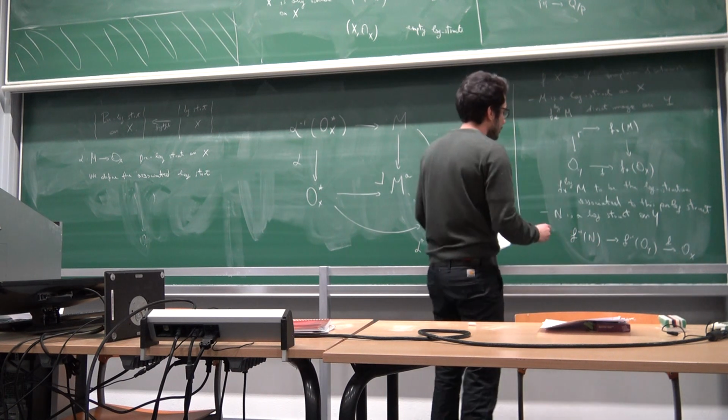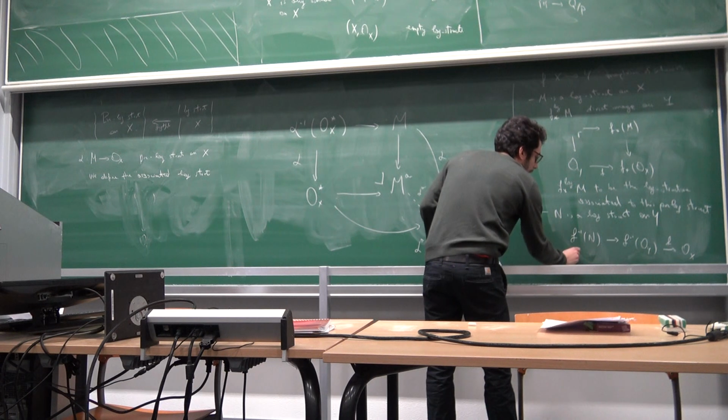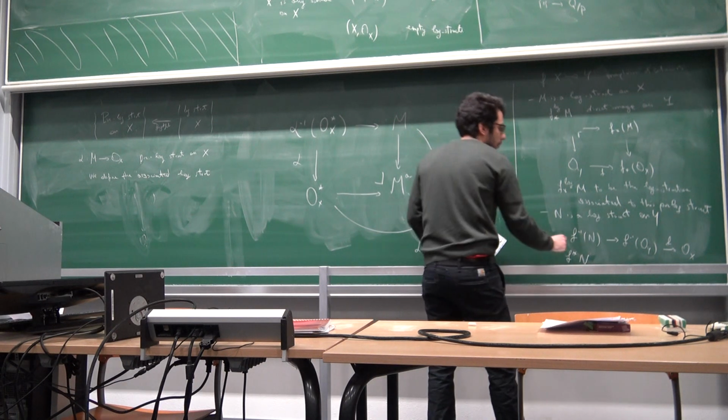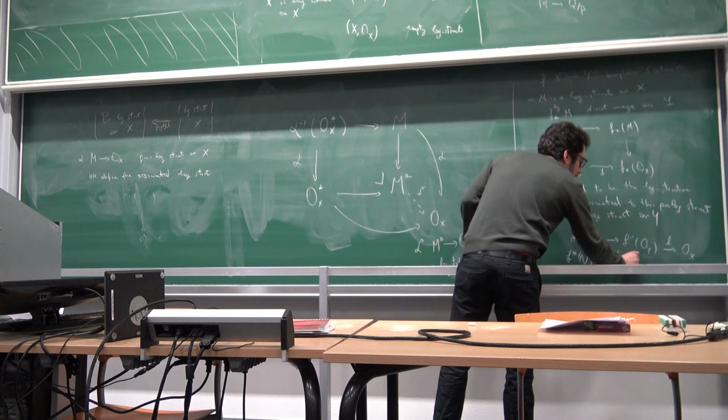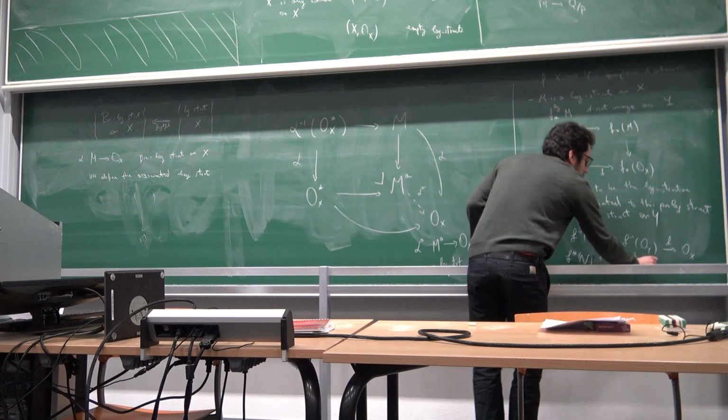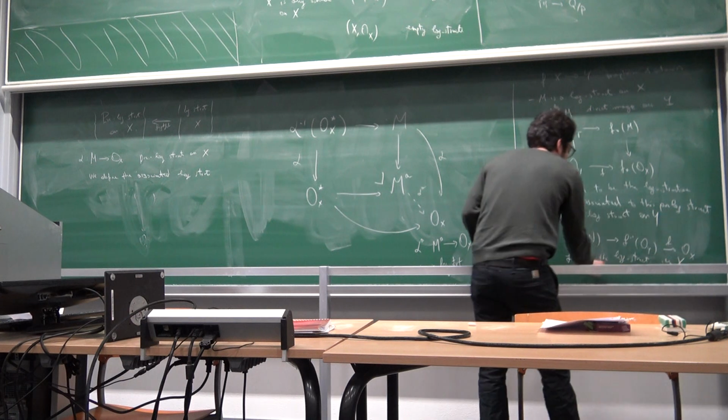Now this is a pre-log structure, and we define the inverse image of N to be the log structure on X associated to it.